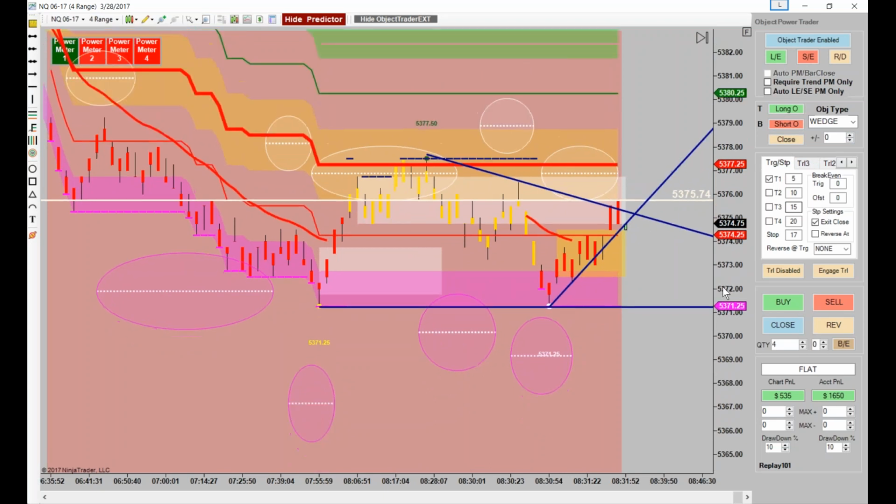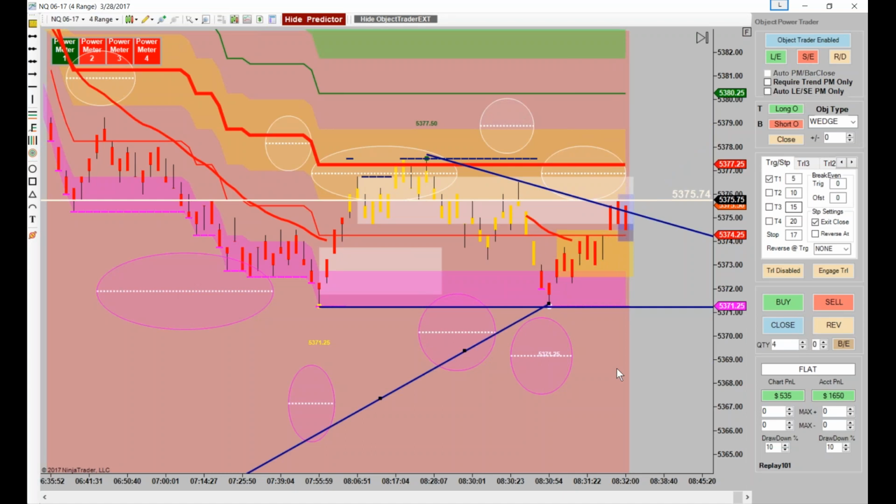Checked my trend line, didn't it? I don't really want that trend line. Let me get it out of the way. Well, we can do that trend. It's already breaking now, so we already got two. Let's try another one. For 5 ticks. Let's see what we get here.